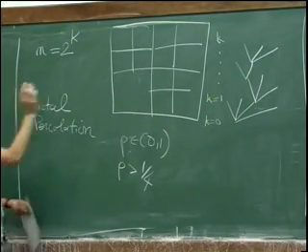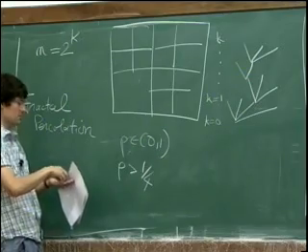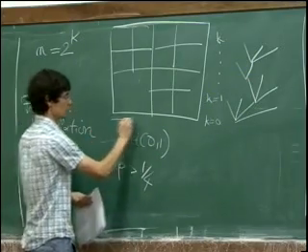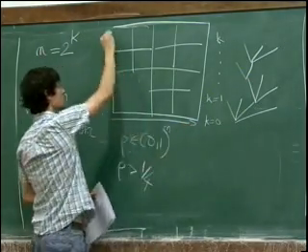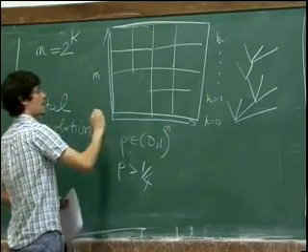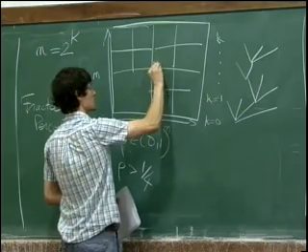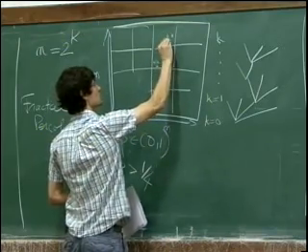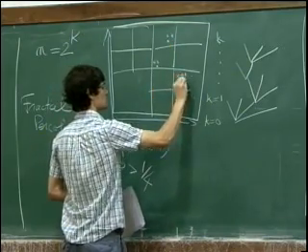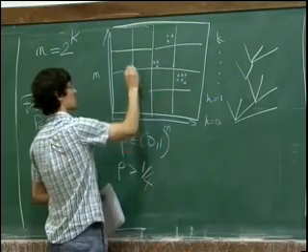So build your Galton-Watson tree iteratively, and at the scale k, you arrive at the n by n grid. And you end up with maybe many points here, something like that.